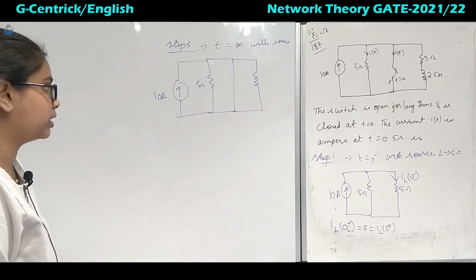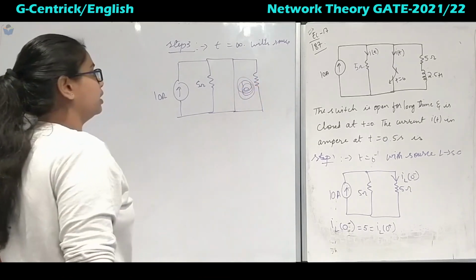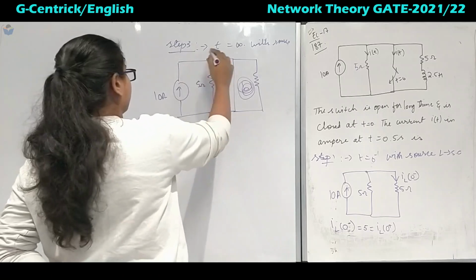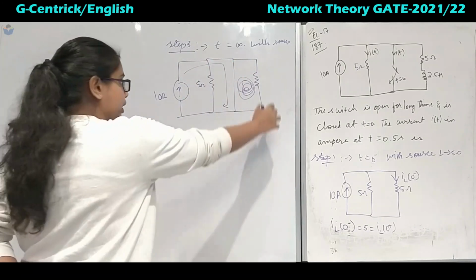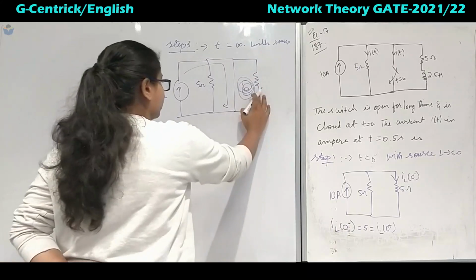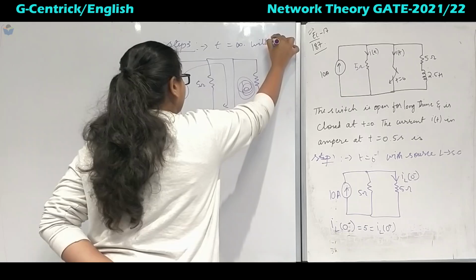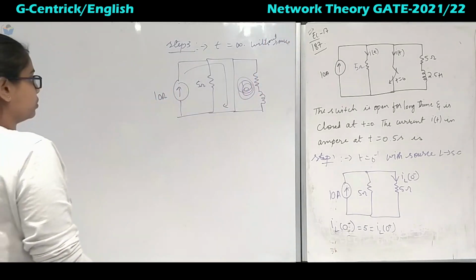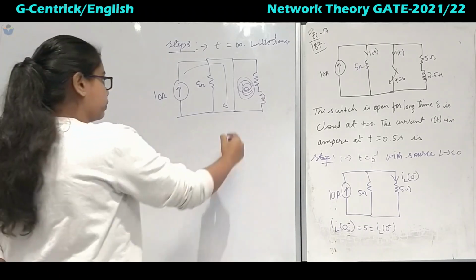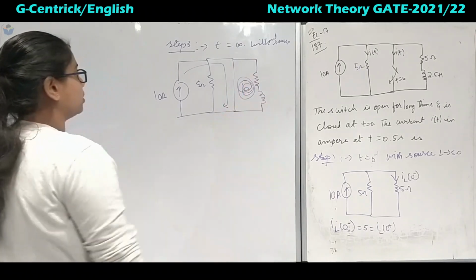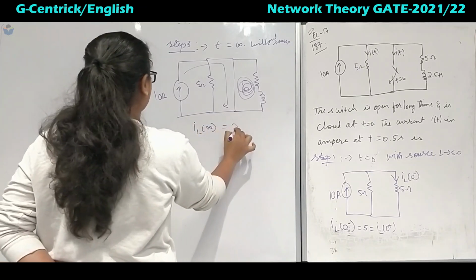Whatever current flows will go in this direction and no current will go through here, so it will be without source. It is like a source free circuit, so the heat will be dissipated in that, and we will get IL of infinite equal to 0.